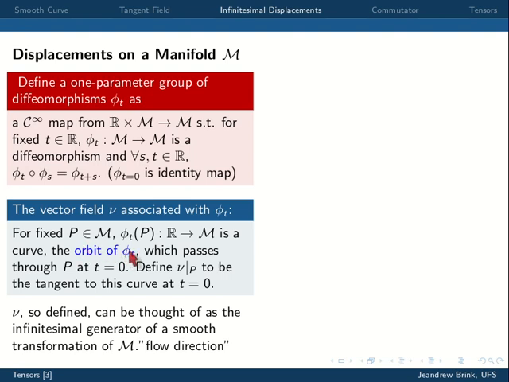And remember, the moment we have a curve, we could always associate a tangent vector with it, which was exactly the components of the tangent vector that you map to in Rn with your chart. Okay. And so what we can do now, with this particular orbit that passes through P at time t0, is define the vector at P to be the tangent to the curve at time t equals 0.